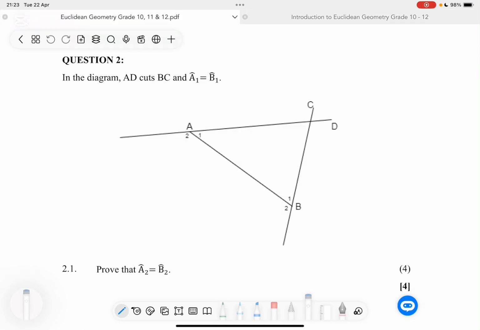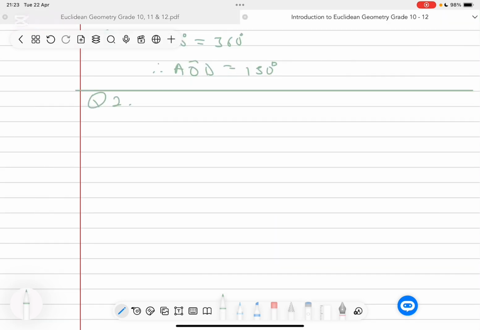In other words, by writing down the fact that angle A1 and angle B2 are the same. The reason to do that is because this argument can play an instrumental role in solving this problem.